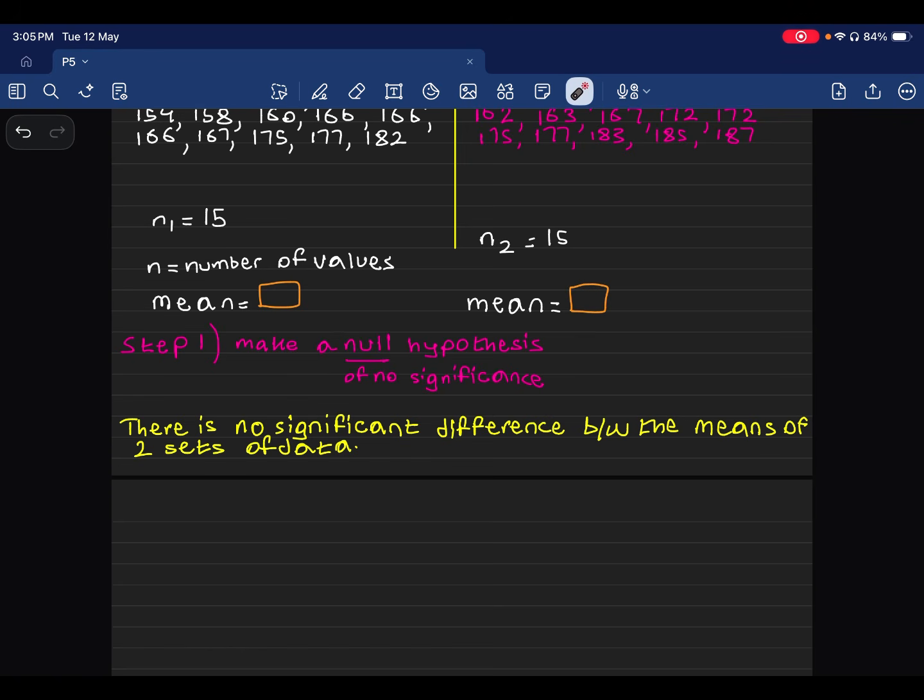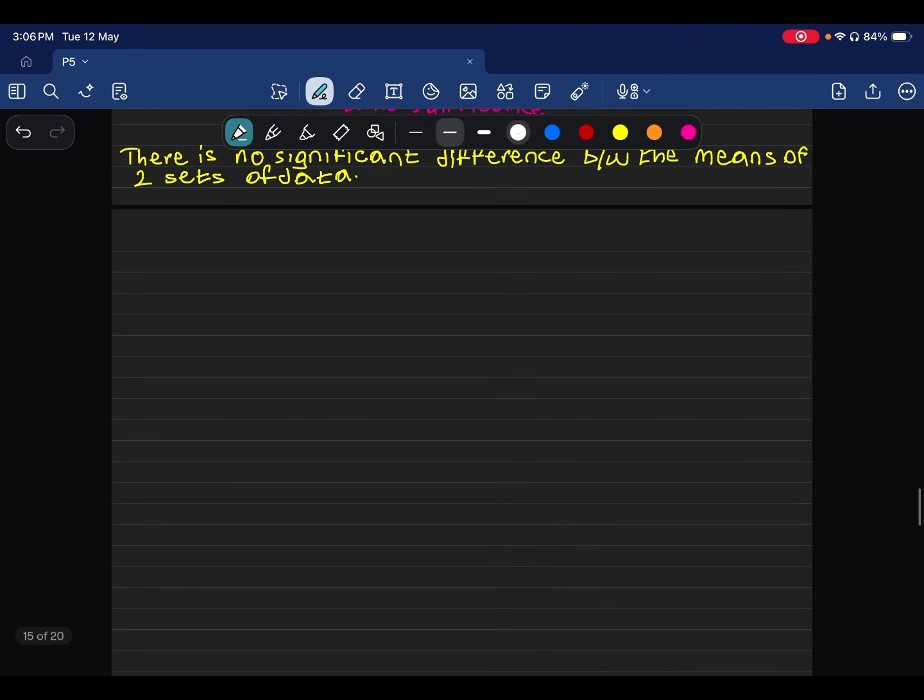Some people are like, no, this is not blue. This is light blue. Some people, this is turquoise. And color blind people can't even see the color blue. So it's different opinions. It's very subjective. So it's always a good practice in biology to use a test to then prove that, okay, this is significant, or there is a significant difference, or there is no significant difference. I hope that makes sense.